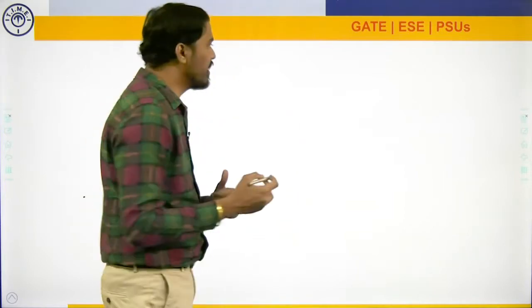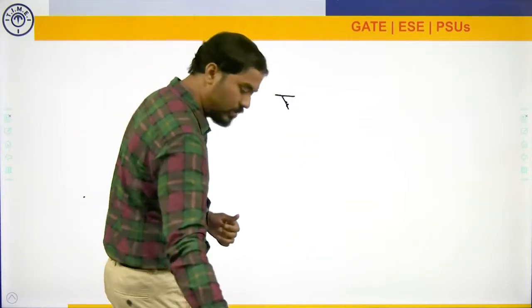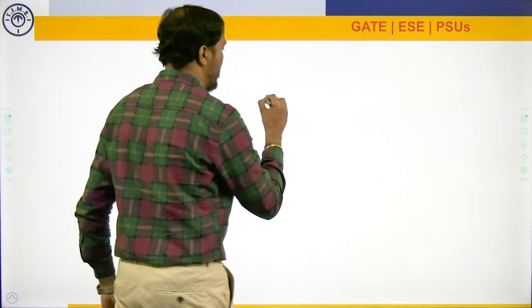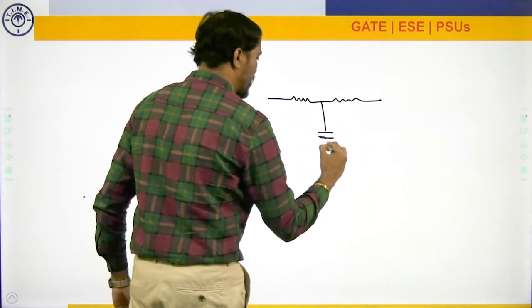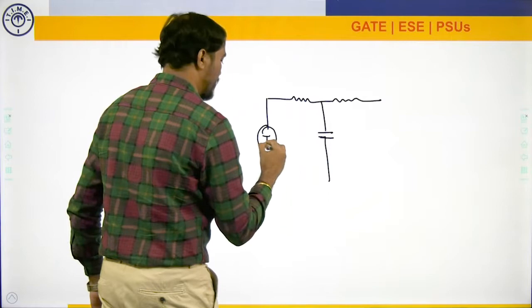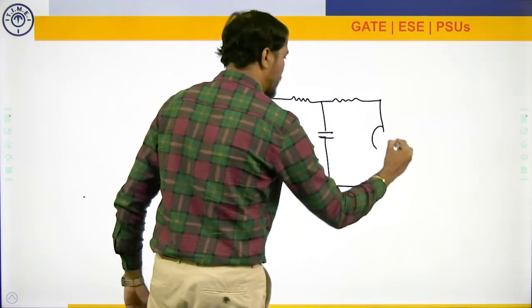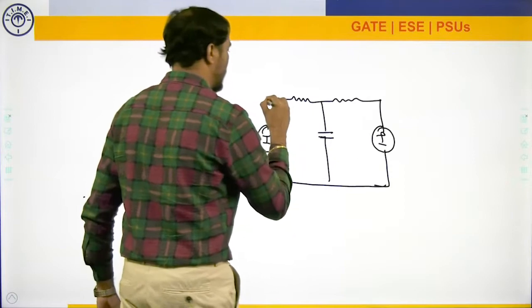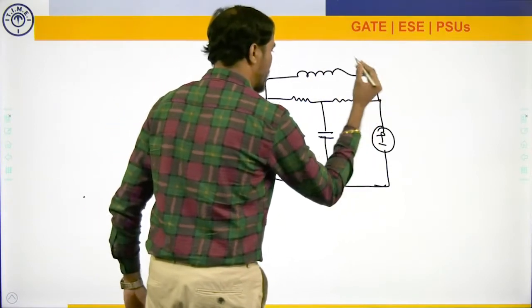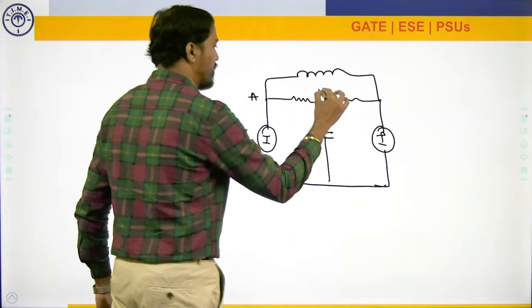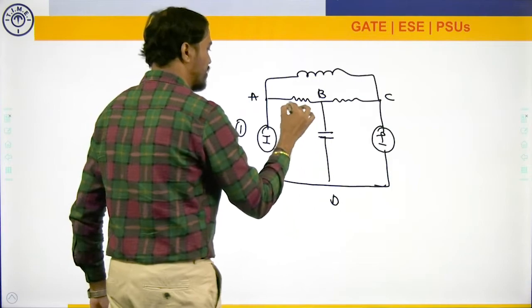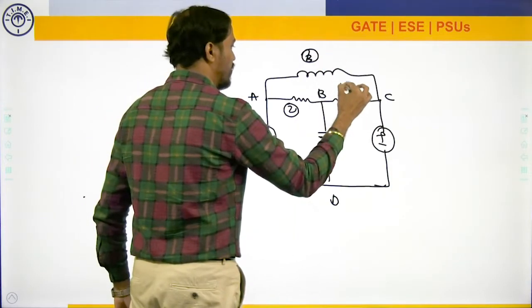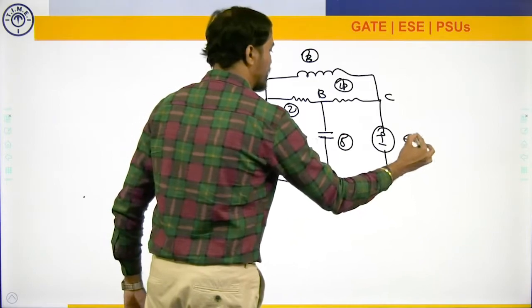Therefore, let me give you one simple example. Consider a simple network. I am considering all the common elements. Let us say there are 4 nodes A, B, C, D. These are the branches, branch 1, 2, 3, 4, 5 and 6.